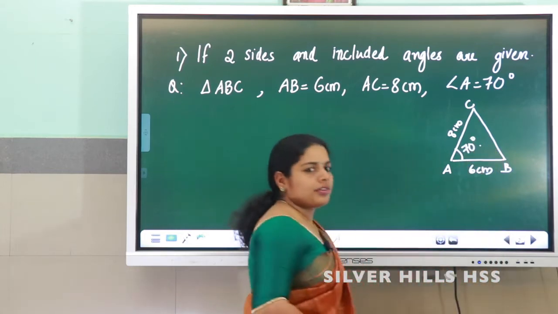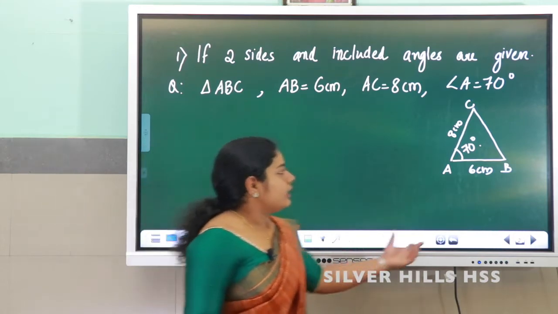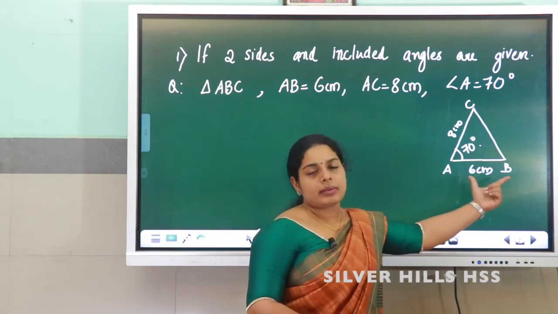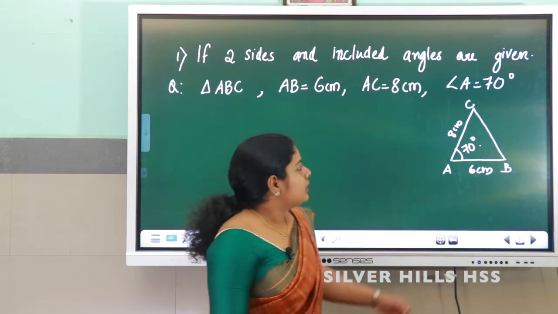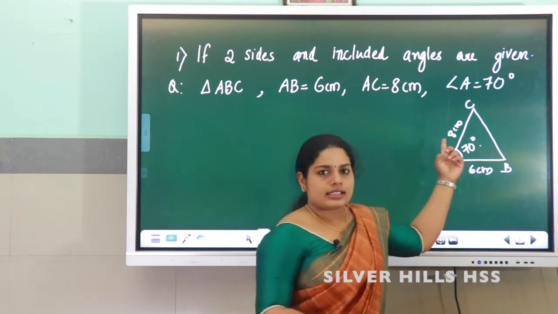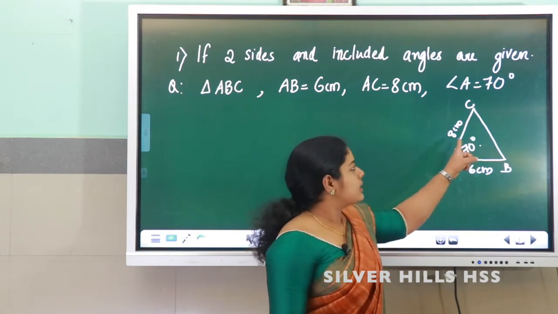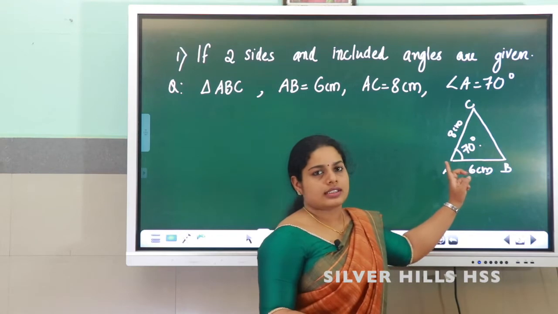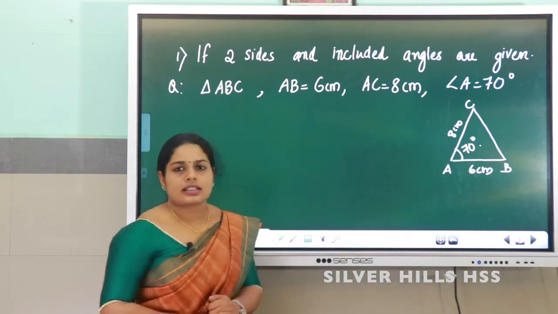If we draw a rough figure, it will be easy for us to do the construction. AB is called the base of the triangle, and the included angle means the angle between the given two sides, that is angle A equal to 70 degree. So now we will start the construction.